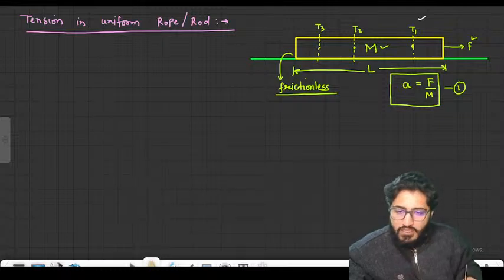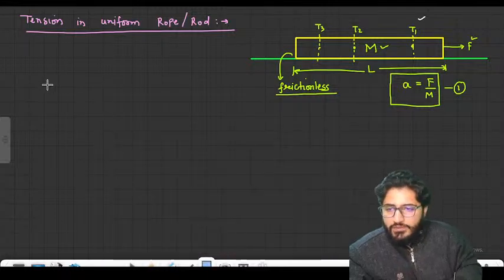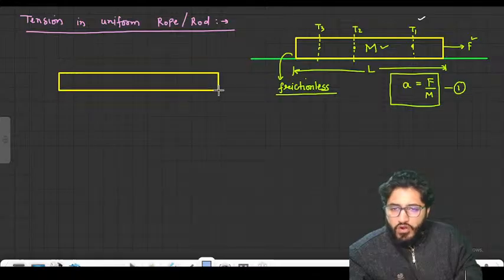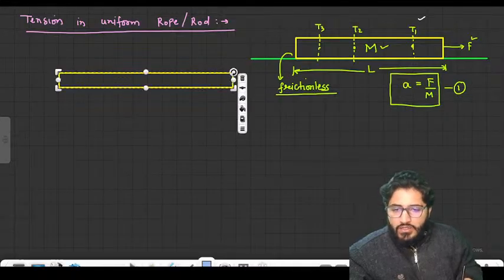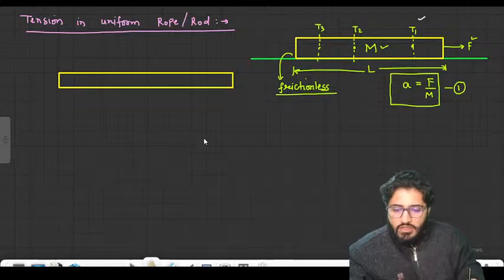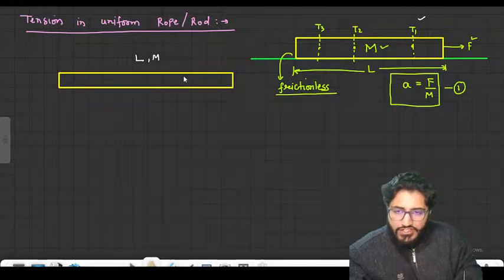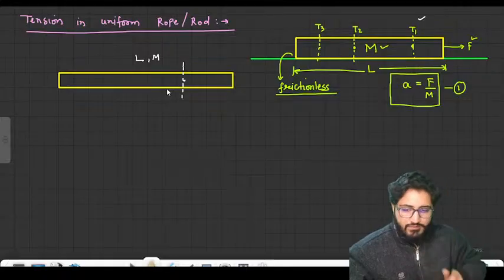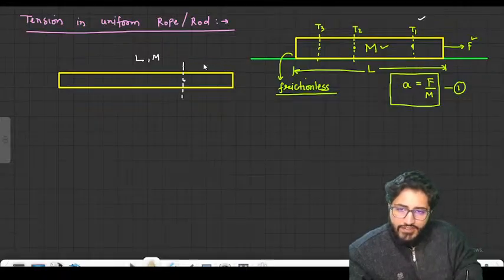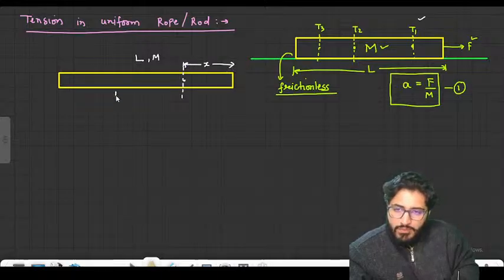Look, if this is my uniform rod, length is L, mass is M, and here I need to find the tension. So I will just cut it here. The distance from this particular end to this one will be x. So this one will be L minus x.